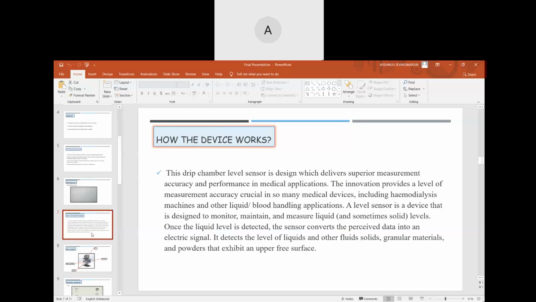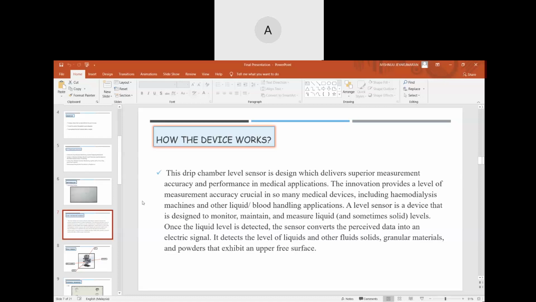This drip chamber level sensor is designed to deliver superior measurement accuracy and performance in medical applications. The innovation provides a level of measurement accuracy crucial in so many medical devices, including hemodialysis machines and other liquid or blood handling applications.